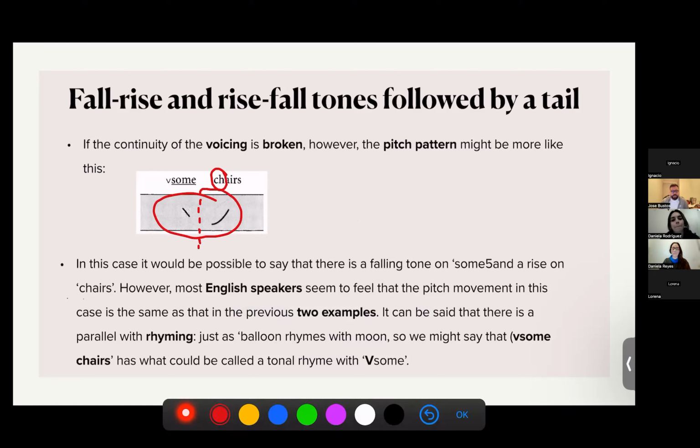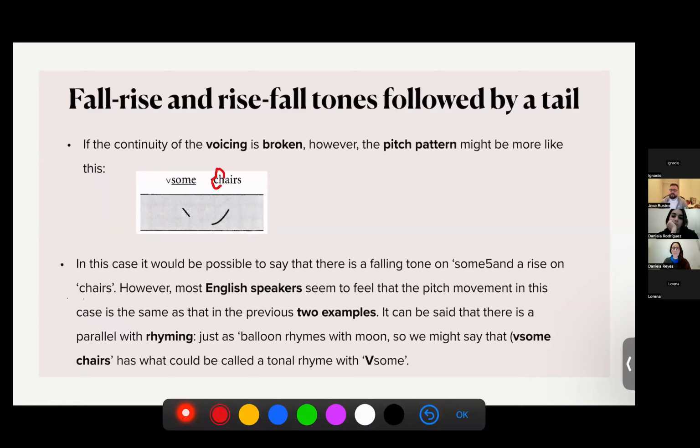So that means that the pitch pattern is going to be different from the example that I showed first. Some chairs, some chairs, some chairs. So I have that stop there. And that only happens when I have a voiceless. That would be the rule for that.